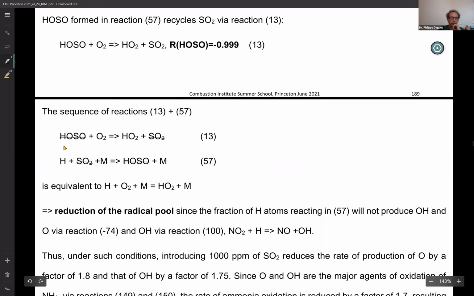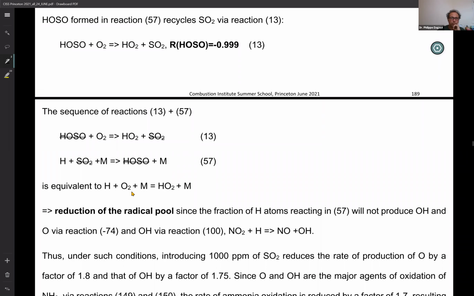so you have HOSO plus O2 giving HO2 plus SO2, and H plus SO2 plus M giving HOSO plus M. So you can cancel what is in the reactant side, and it appears also in the product side. So you remove HOSO, you remove SO2, you can remove M if you want, but it doesn't matter.